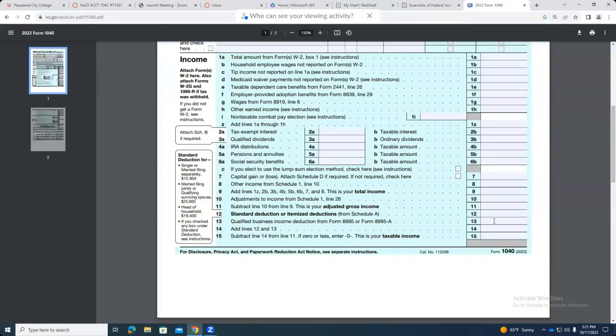The reason they offered this QBI is that back in 2018, the tax changes for corporations reduced the corporate tax, and then sole proprietors were kind of left outside that benefit.